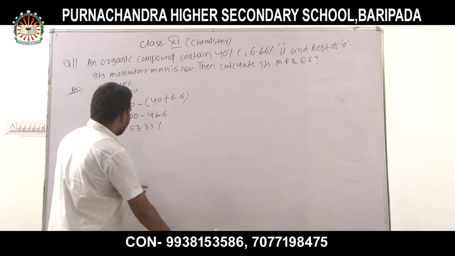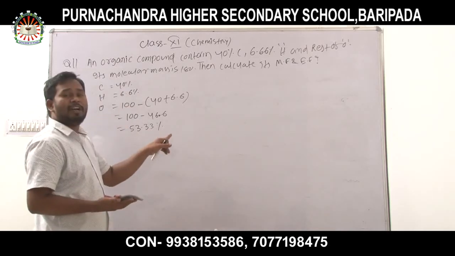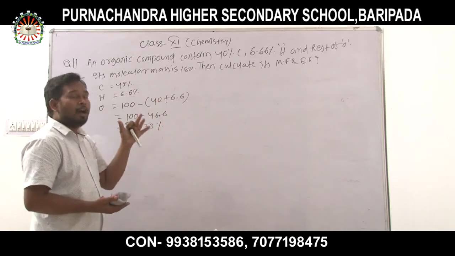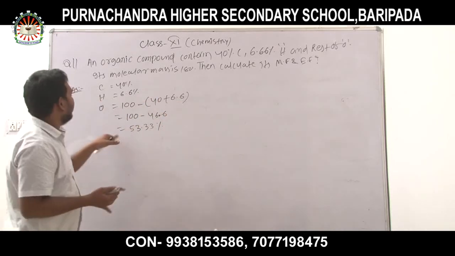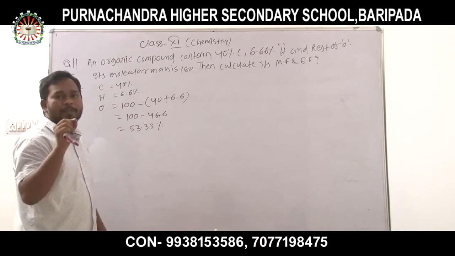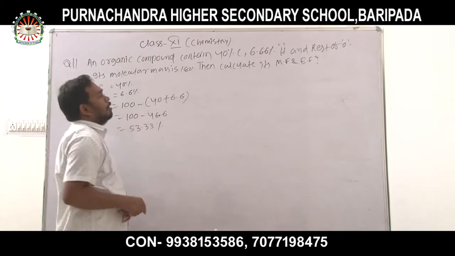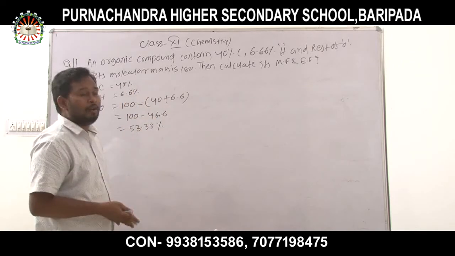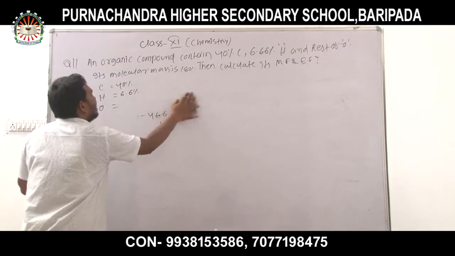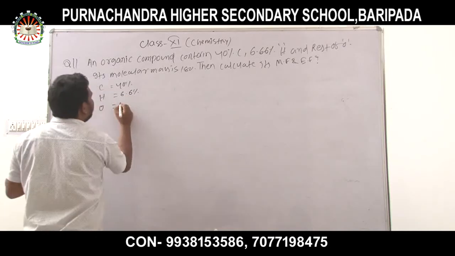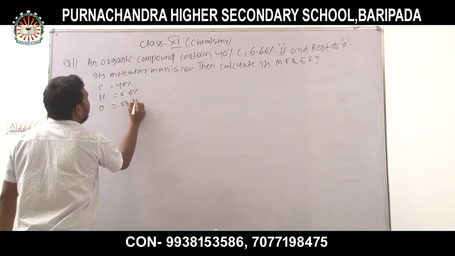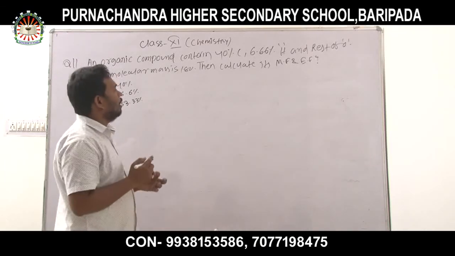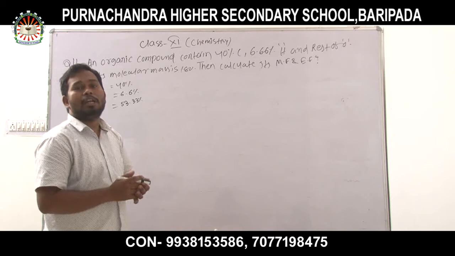Thus, the percentage of oxygen is 53.33. You know how to calculate the rest percentage of the given element: you must subtract from 100 the combined percentage of carbon and hydrogen. So its mass percentage is 53.33%. Then our aim is to calculate the empirical formula and molecular formula.